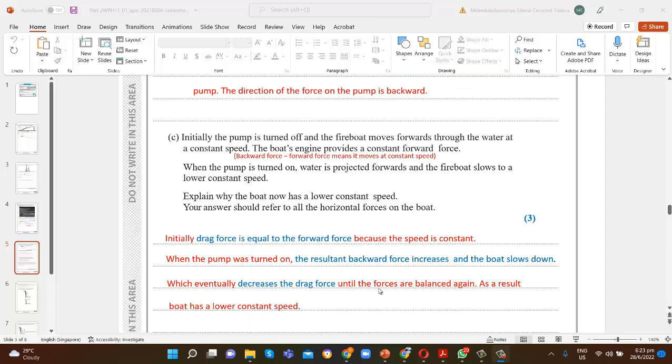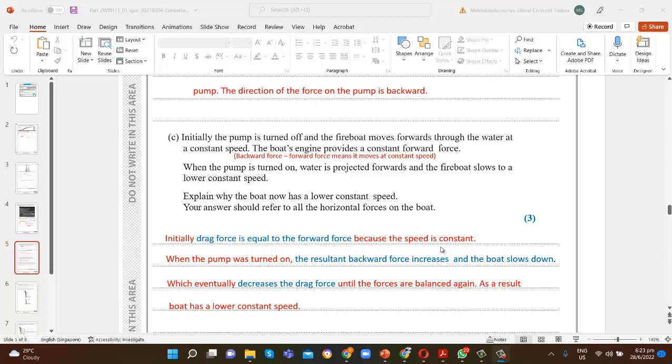So initially you should know the story behind this. When you read the question, you should understand what's happening. So initially, what's happening? Drag force is equal to the forward force. Why? The speed is constant. So when the pump is turned on, what's happening? The resultant backward force increases and the boat slows down.